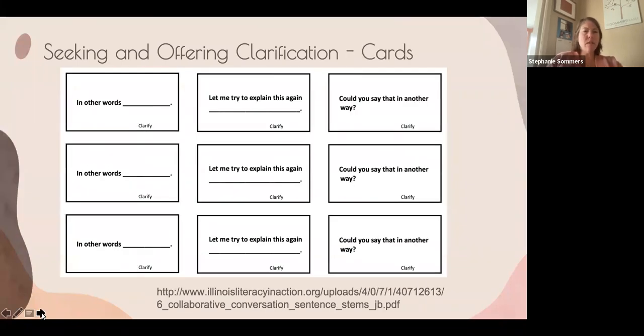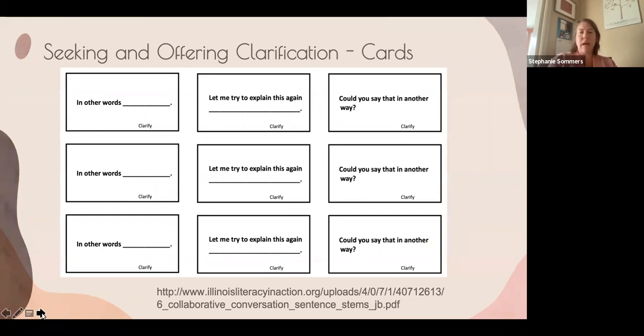And then there are also these great collaborative conversation cards that you could use. So these come from a resource out of Illinois, the Illinois Literacy Action Group, Literacy in Action, sorry. And there's actually cards like this for all different types of tasks included in this PDF.